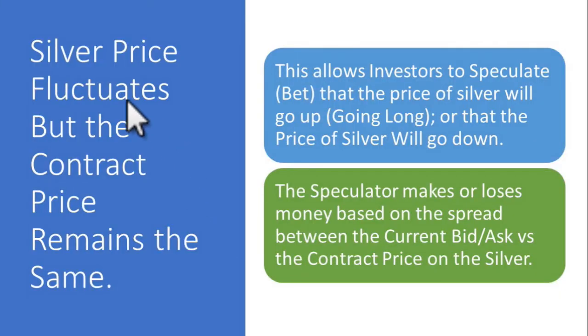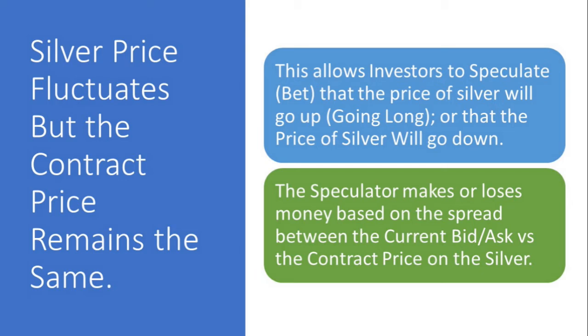Now, silver price fluctuates, but the contract price remains the same. So let's say I buy a contract today for $28 an ounce. That price will remain the same throughout the length of the contract, so between now and 90 days when it expires, that's the price.